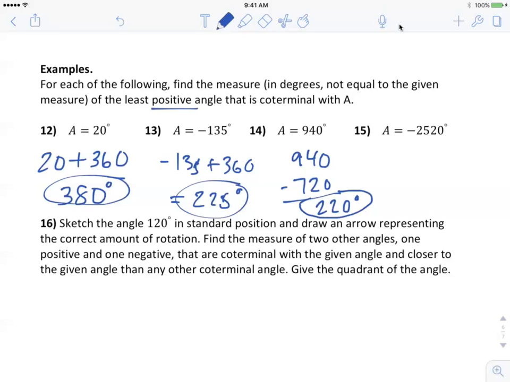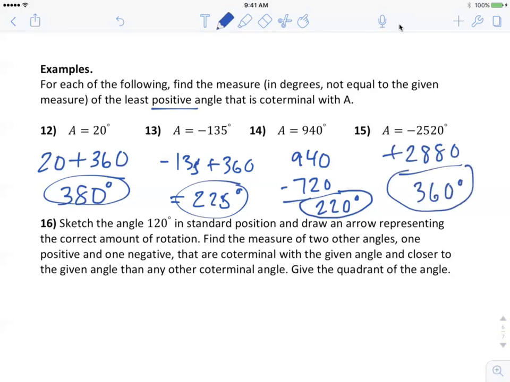That's pretty crazy. So if I added that, I would get 0, which is not positive. So I'm going to have to add the bigger one. I'm going to add 2,880. Right? So let's take this and add 2,880, and I'm going to get 360 degrees. And that's the least positive angle that's coterminal with the given angle.